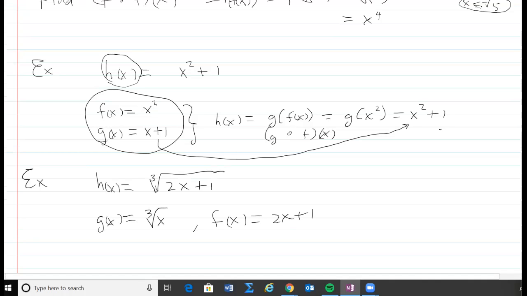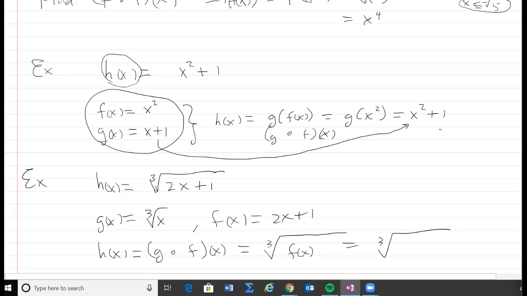Then you can see that h is actually g of f, since if you take the cube root, that's g evaluated at f of x, you get the cube root of 2x plus 1. So that's one way to view it.